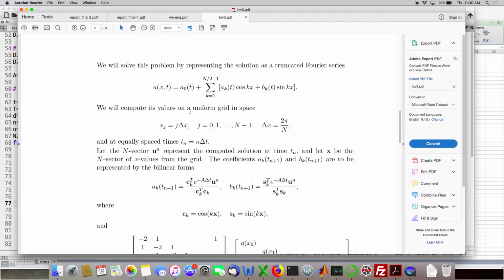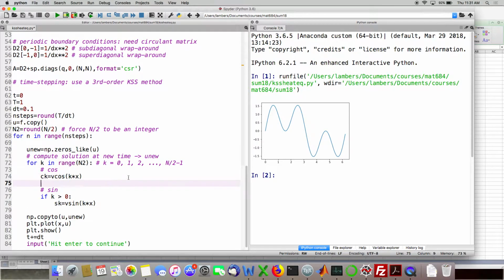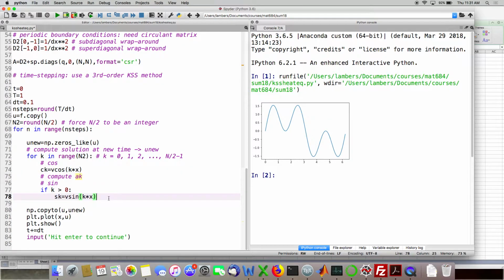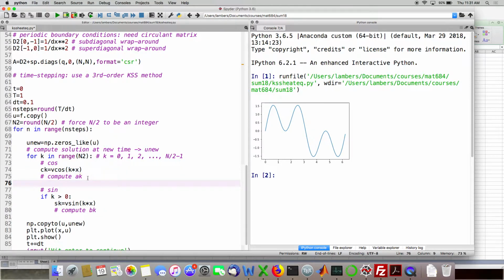Okay. All right. So once I compute these coefficients, the a_k's and the b_k's, I just multiply them by these and add them up. So here I need to compute a_k, which I'll have to come to in a bit. Similarly down here I have to compute b_k. If we already assume that we have it, then I would just add these on.